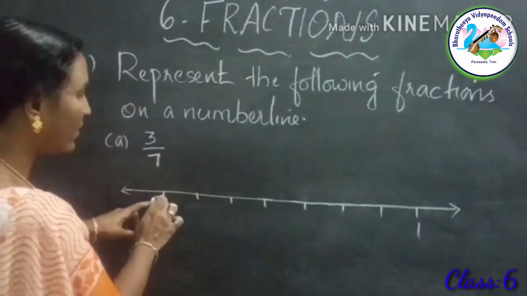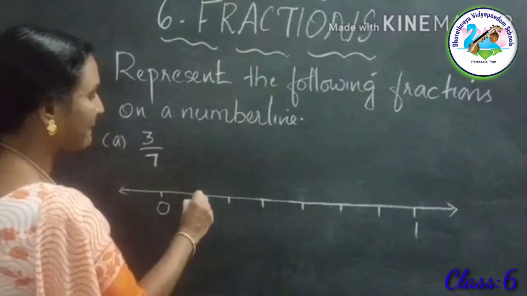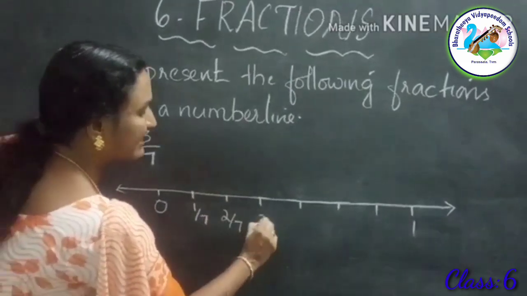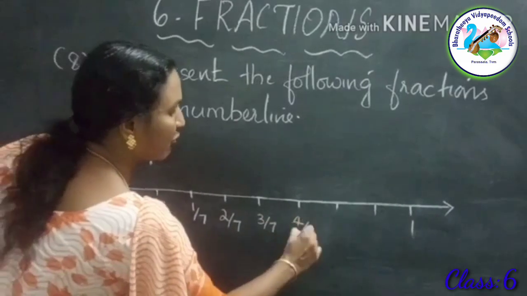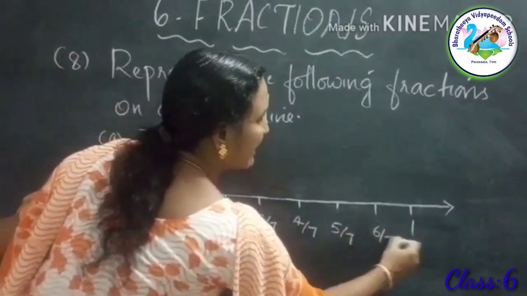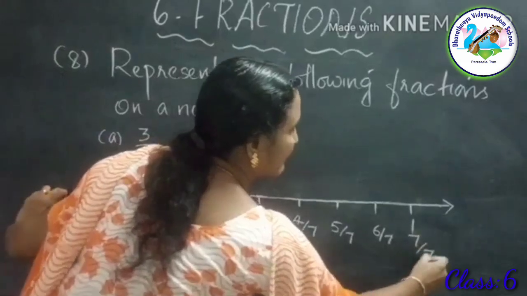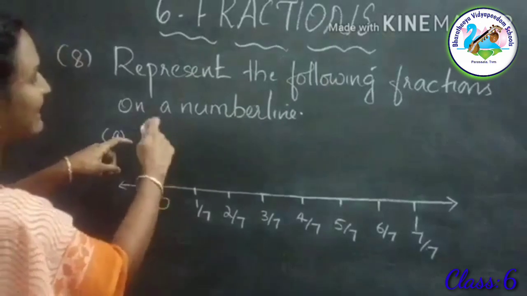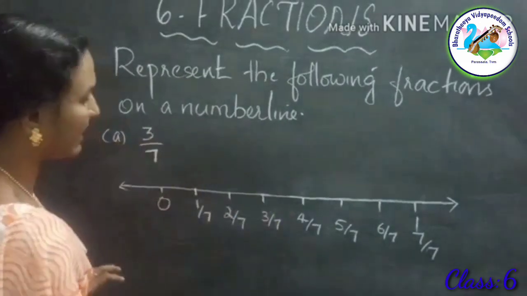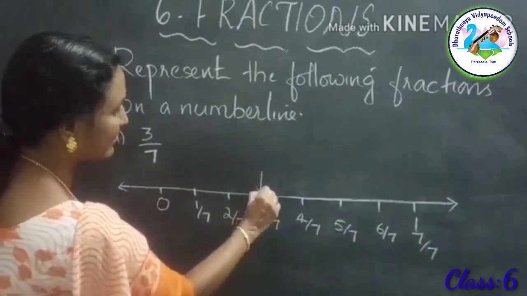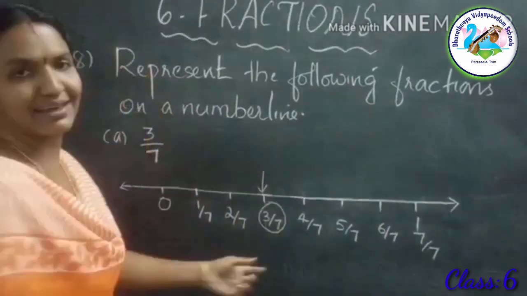From 0, the first division represents 1 by 7, second 2 by 7, 3 by 7, 4 by 7, 5 by 7, 6 by 7, and the last one is 7 by 7. 7 by 7 is 1. So we have to represent 3 by 7 on the number line. Okay. So the position of 3 by 7 is here.